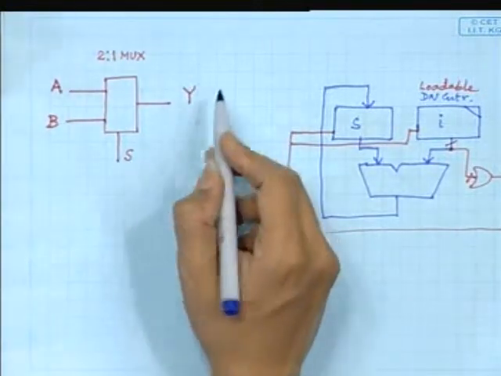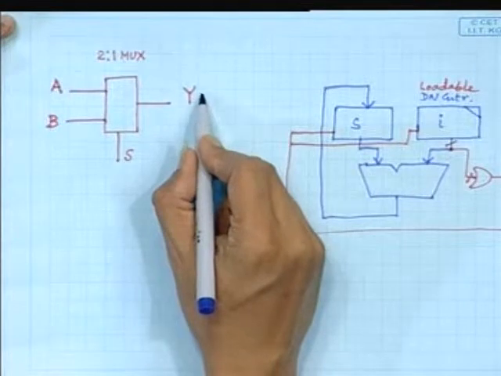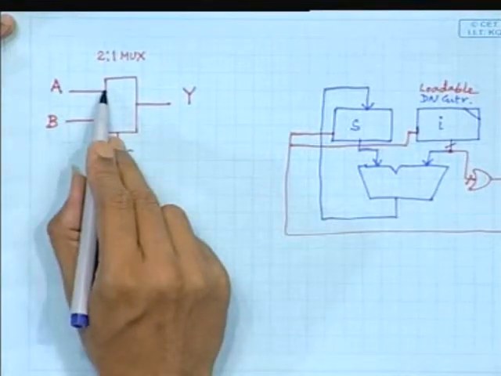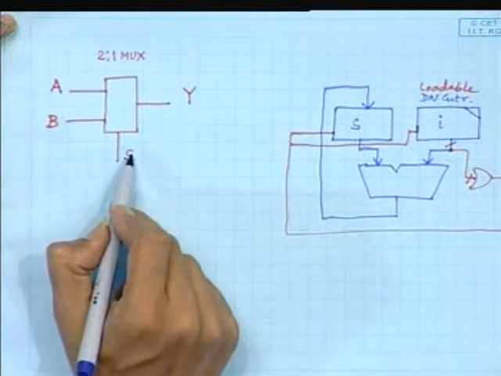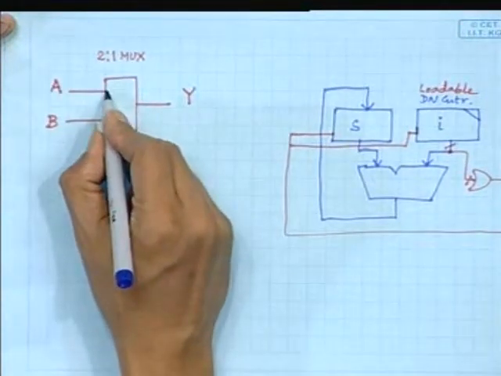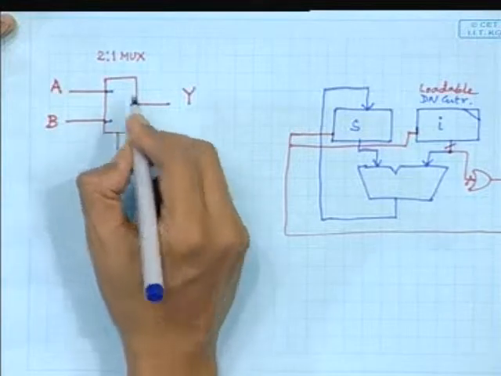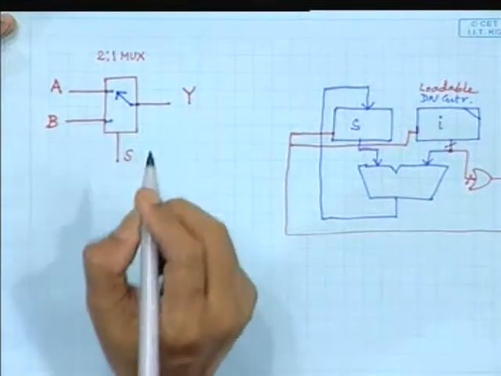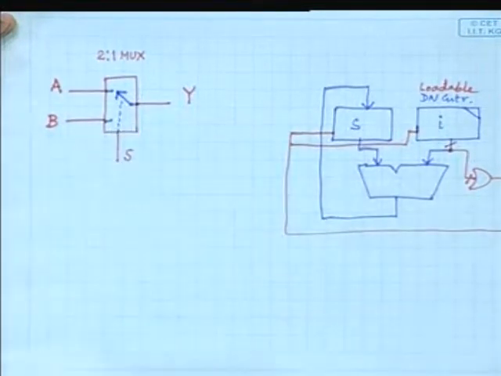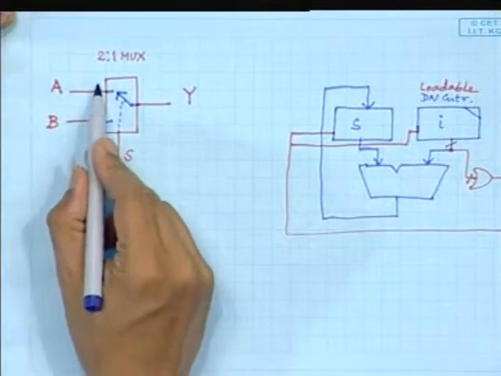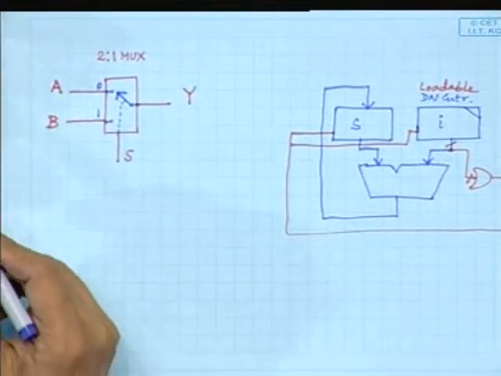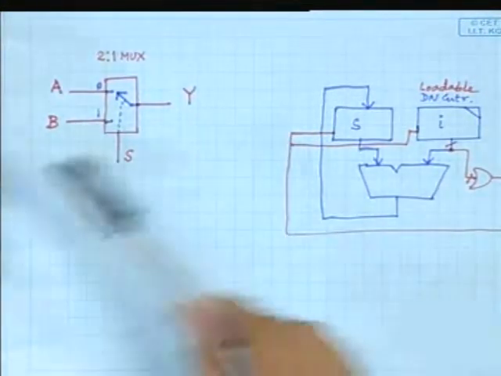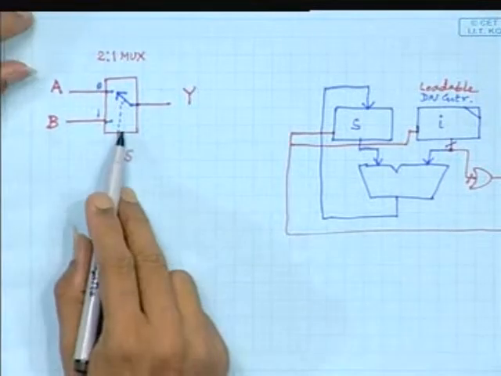So Y will be equal to A if S is 0, and Y will be equal to B if S is 1. Sometimes it is shown as if it is a switch controlled by this S. If S is 0, it goes into this, if S is 1, it comes like this. But so far as the logical implementation is concerned, how do you implement this?